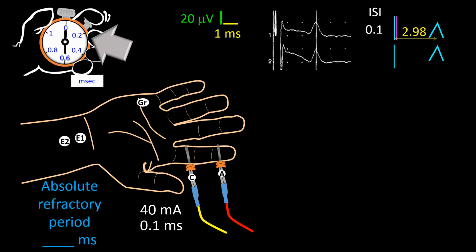Now look at the stopwatch again. See that now it is indicating the time for the second trial, that is 0.2 milliseconds. As indicated, corresponding to the level in the interstimulus interval column, here pointed by the arrow.